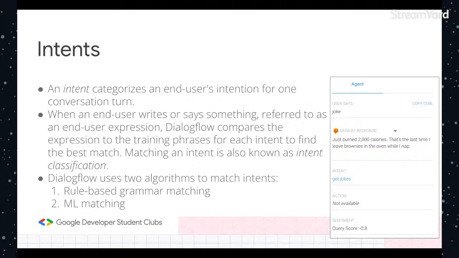Other than that, there are default welcome intents. If it's a pizza ordering app, then they can also have a pizza ordering intent. There could be endless possibilities for the intents you can make.